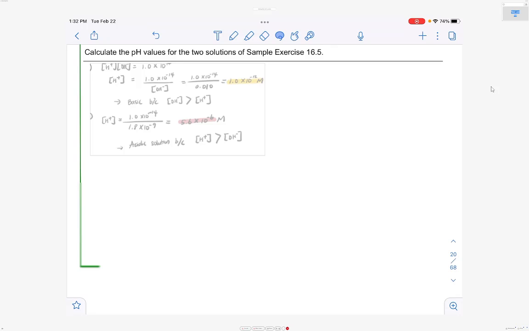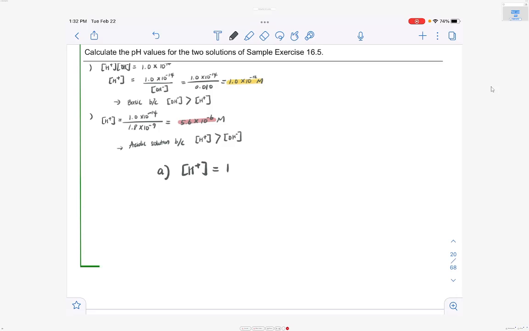So we're going to calculate the pH value. We have to find the negative log of the concentration of the proton. For A, the concentration of proton was 1.0 times 10 to the negative 12 molar.